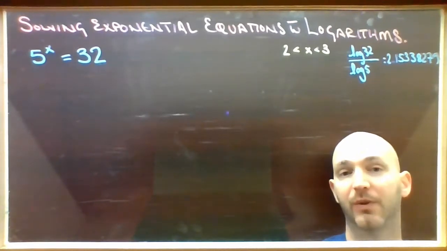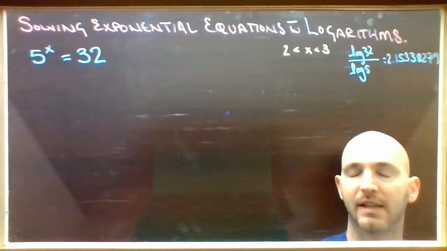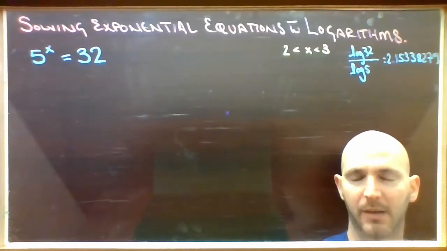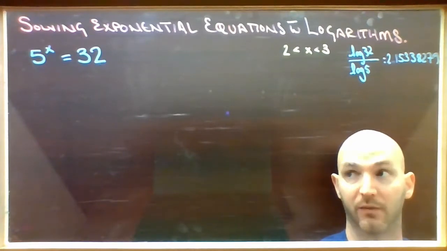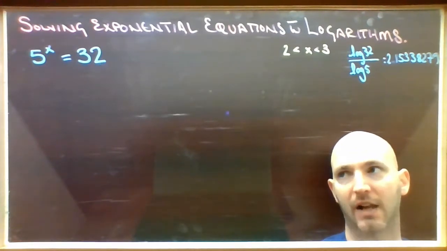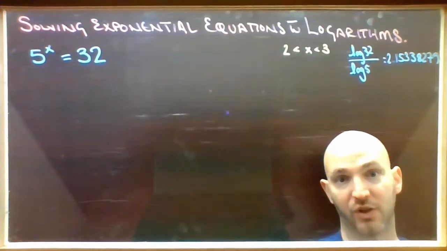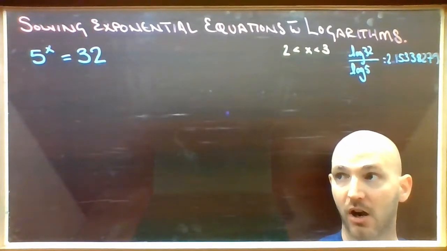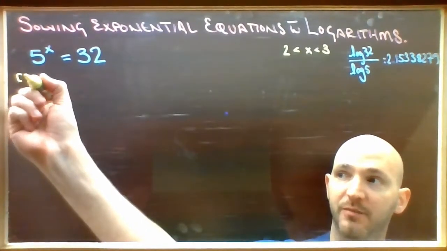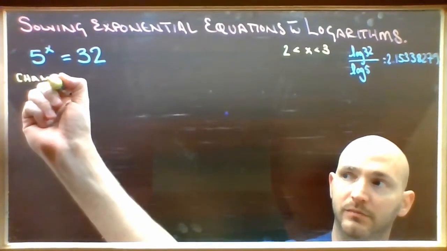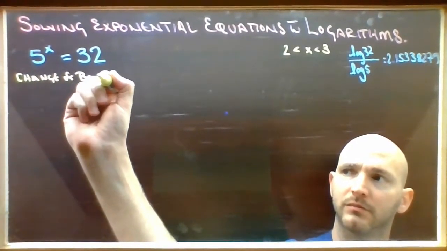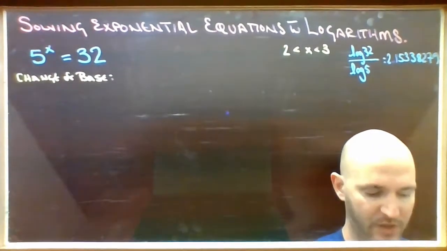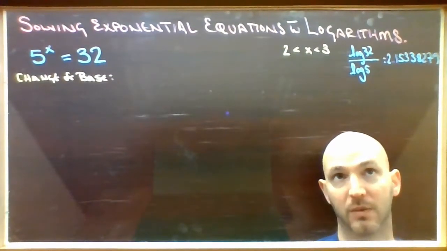So we're going to go through the long process, and instead of rendering it as decimals, I'm just going to leave it as log 5 or log 32, whatever I need, so that we can track through to see if this structure shows up again. So I'm going to start by making my change of base. And I'm switching to base 10 because that's the only button I have.